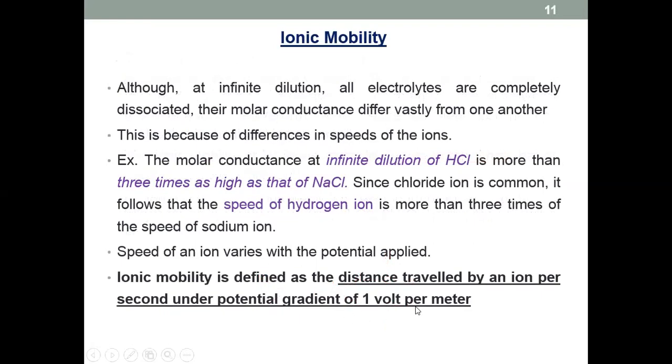So how is ionic mobility defined? It is the distance traveled by an ion per second under the potential gradient of 1 volt per meter. Make sure we take 1 volt per meter because this is how it is defined in SI units, right? So this is ionic mobility.